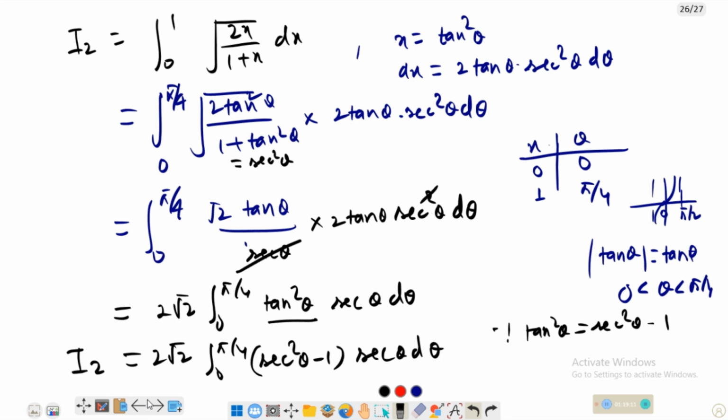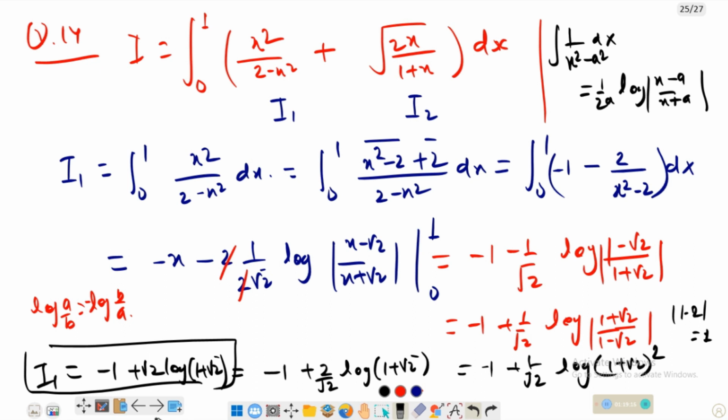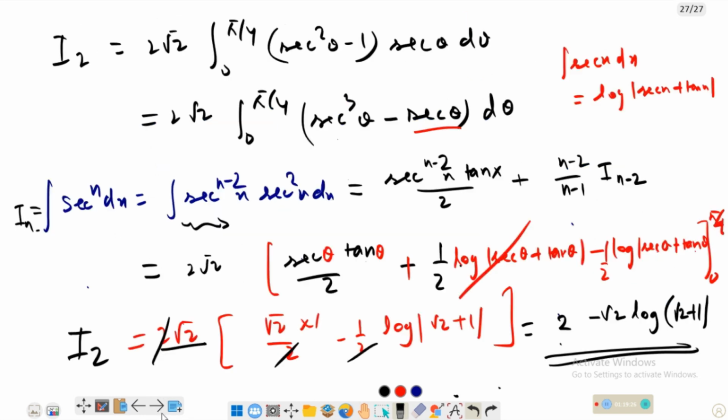My I1 is equal to basically minus 1 plus root 2 log 1 plus root 2, and I2 is this quantity.